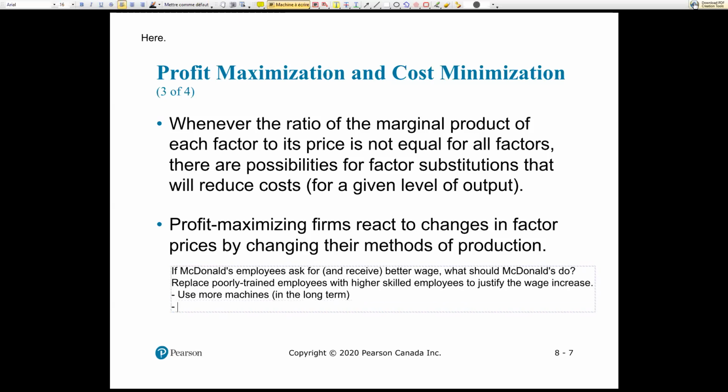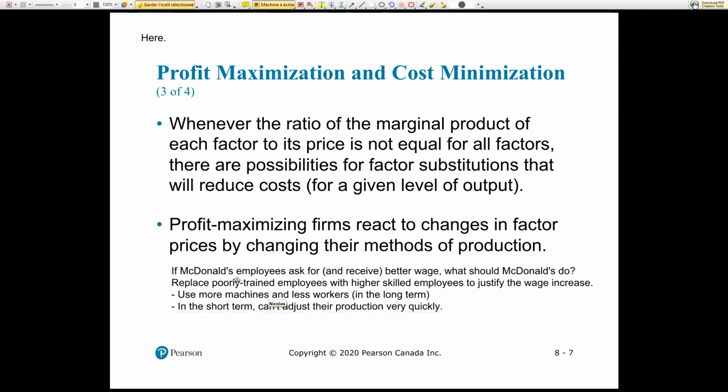And in the short term, they either can't adjust their machines, but they could still adjust their production relatively quickly if they just change something in their staff.